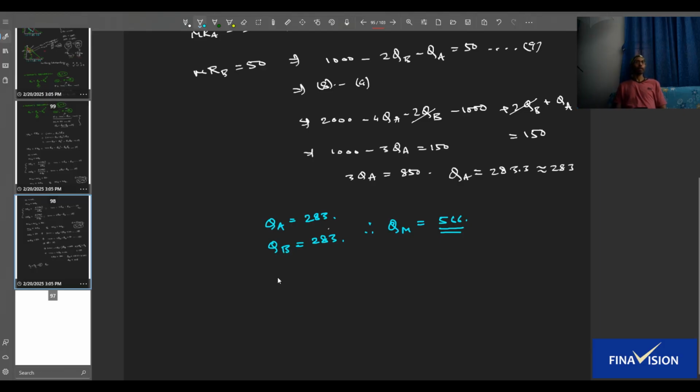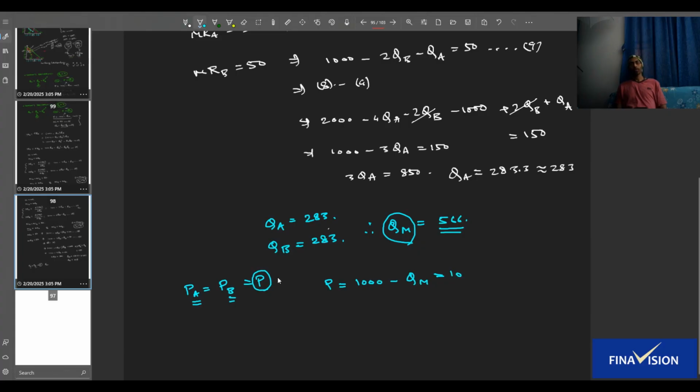Now, how do we decipher what will be PA? Now we have already said that PA should be equal to PB under Cournot equilibrium. Now A and B are the only players in the market. So this is also the market price, which is P. And we already know the relationship between the market price and the market demand. P is equal to 1000 minus QM.